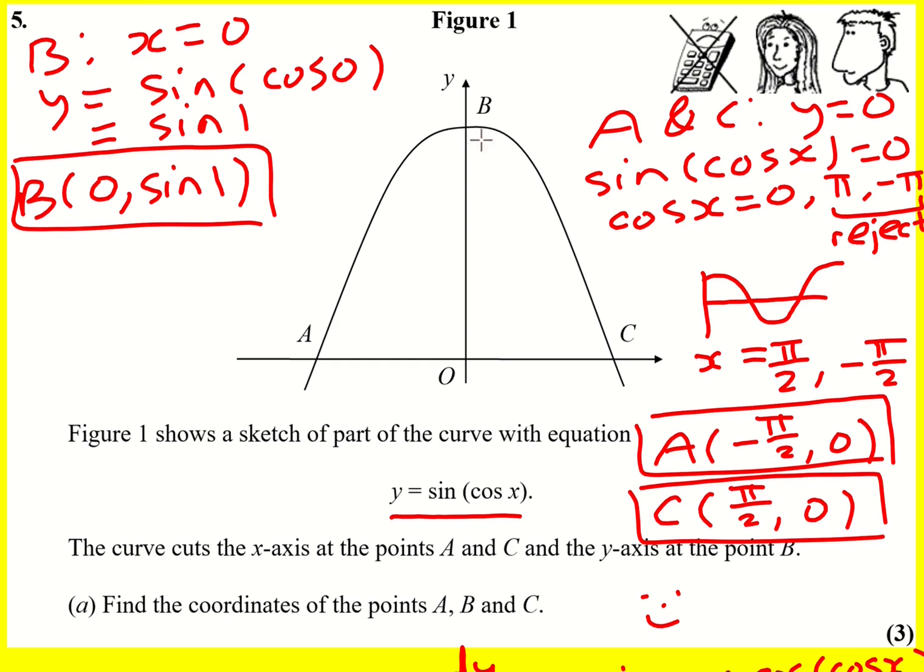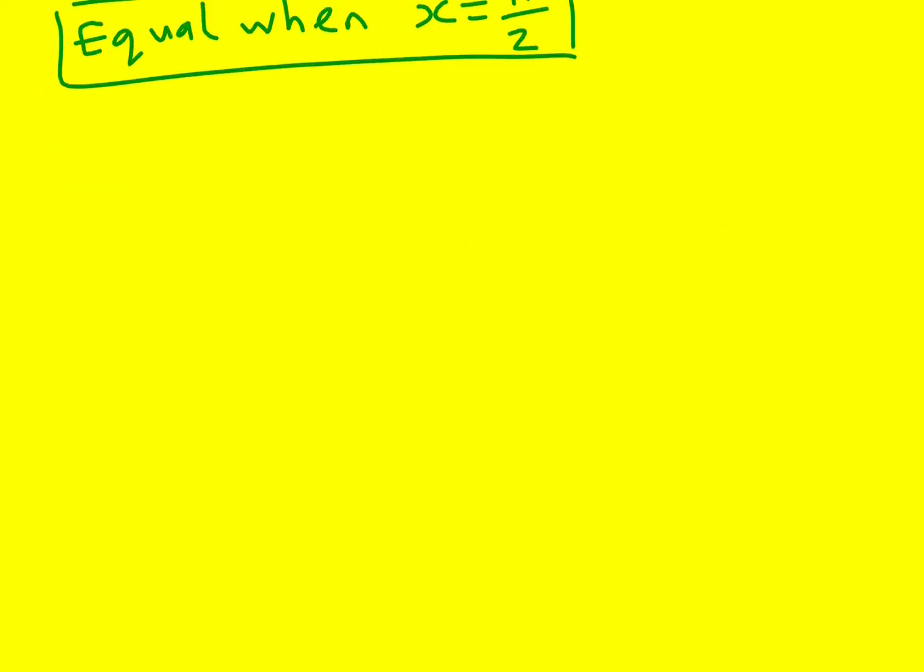What it means is if we were to draw a line from B to C, then the value of the function y is always going to be less than the value on this line. If you didn't spot that straight away, we know we've got sine 1 in our answer, so it's got to have something to do with this. So basically, we want to find the equation of BC.